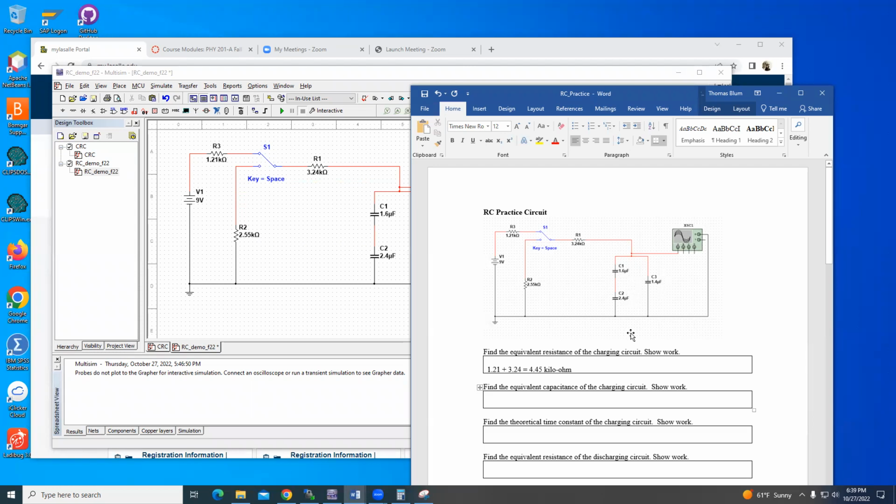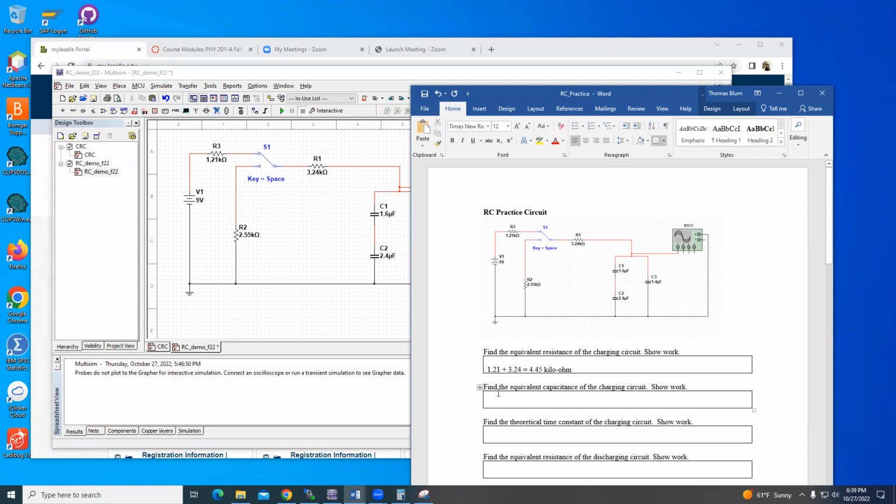It was current when we talked about resistors. It's charge when we talk about capacitors, but it's the same idea. If they were resistors, would they be in series? Then if they're capacitors, they're still in series. The wiring is the same. Okay, so C1 and C2 are in series, and then that is in parallel.